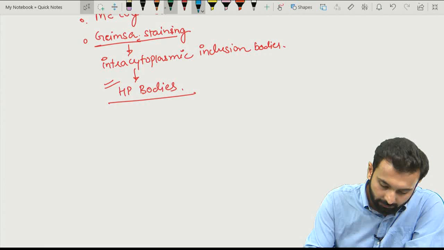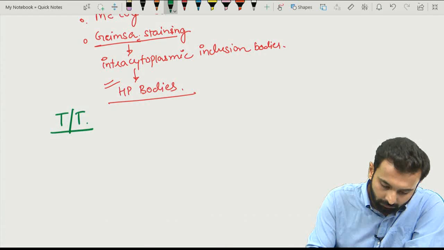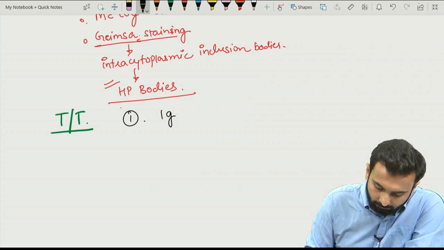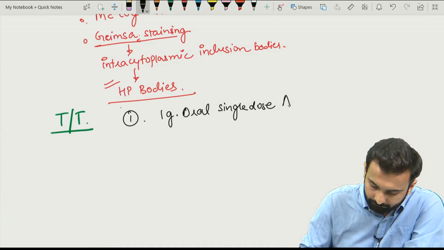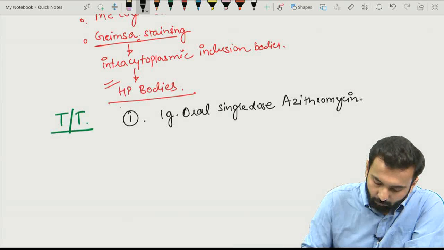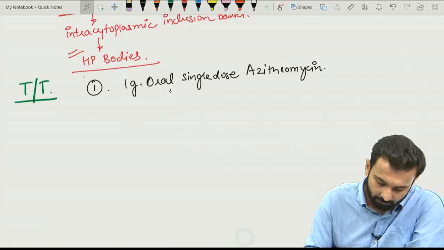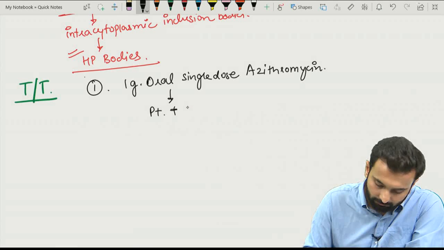Now, after making the diagnosis, what are the treatment options we have? The first option is 1 gram oral single dose of azithromycin. It is given not only to the patient but also to the sexual partner.